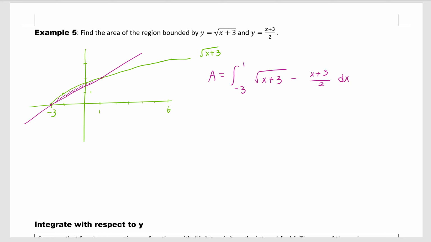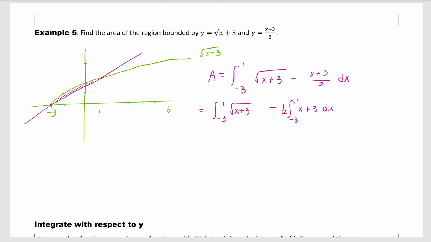So how do we integrate them? Let's split. For the second one, we can pull out the 1/2 and then it's just the integral of x plus 3 dx.